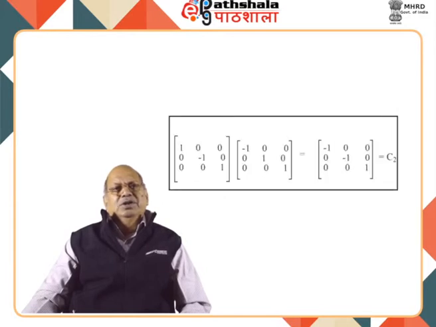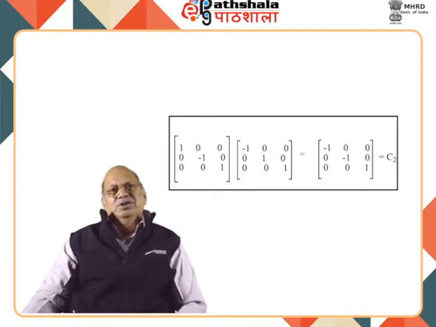Let us take another product, sigma xz into sigma yz. Here again I take the matrices corresponding to sigma xz and sigma yz and multiply them together. The net result is minus 1, 0, 0, 0, minus 1, 0, 0, 0, 1. This is nothing but the matrix corresponding to C2.